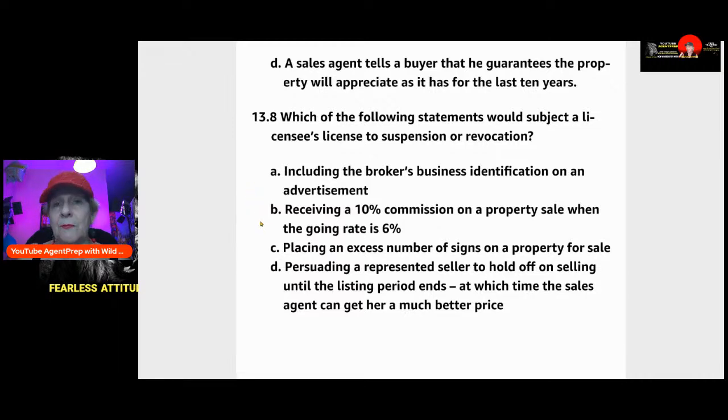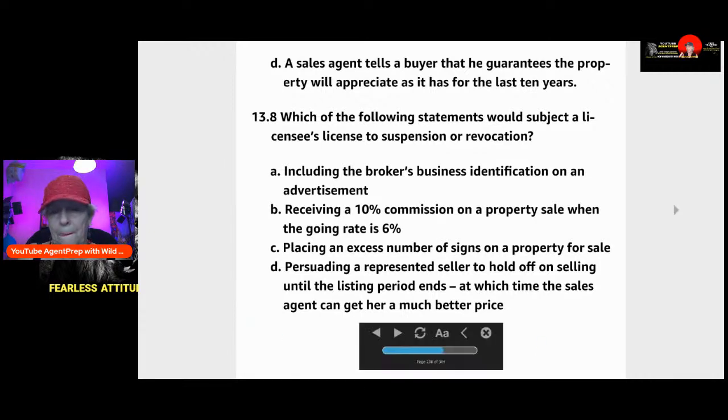B, receiving a 10% commission on a property sale when the going rate is 6%. C, placing an excess number of signs on a property for sale. Or D, persuading the representing seller to hold off on selling until the listing period expires or ends, at which time the sales agent can get a much higher or much better price.